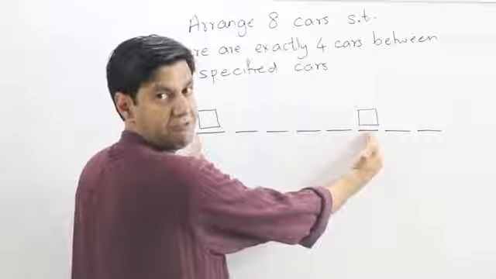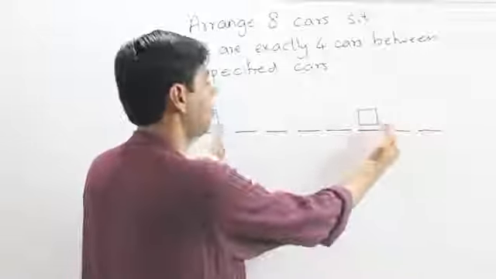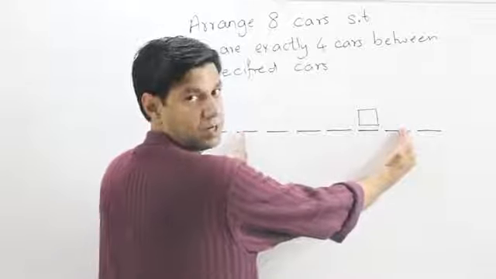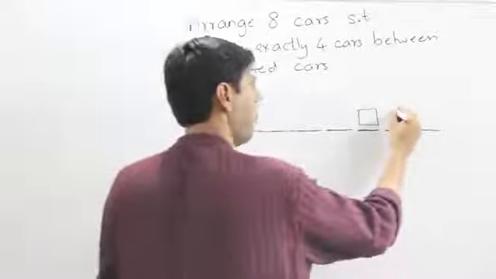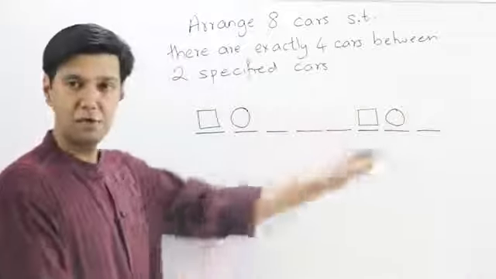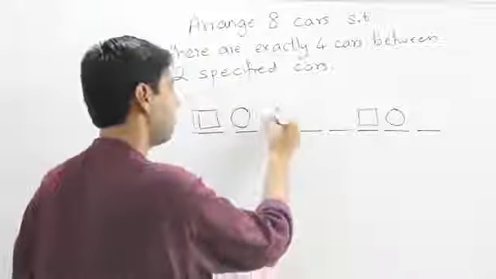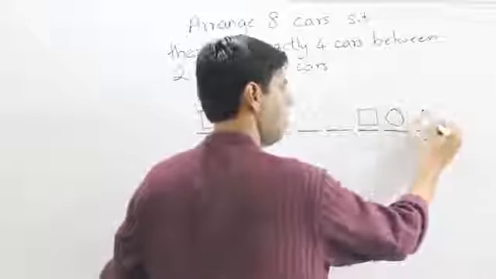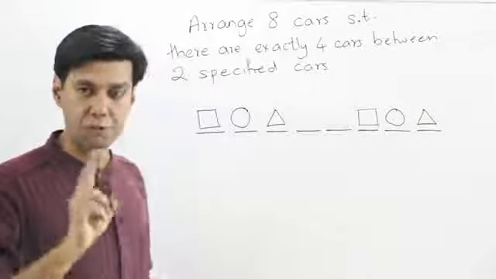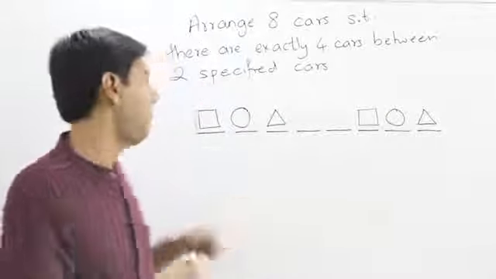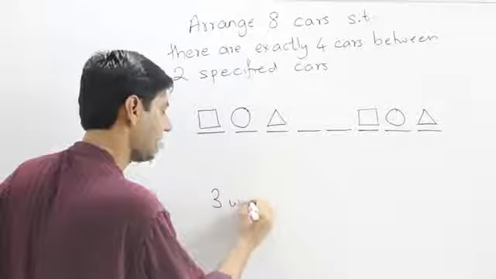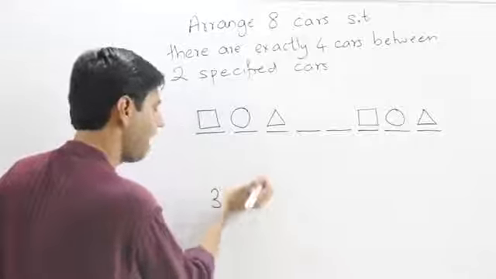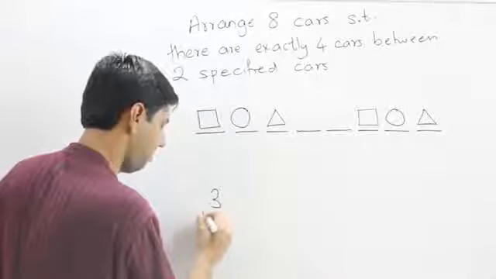Is this the only way for these 2 specified cars? No, they could even move 1 step towards the right or 1 more step. So the 2 cars could either come in the 2 squares, or in the 2 circles, or in the 2 triangles. So for these 2 specified cars, I would have 3 different selections of the parking slots.